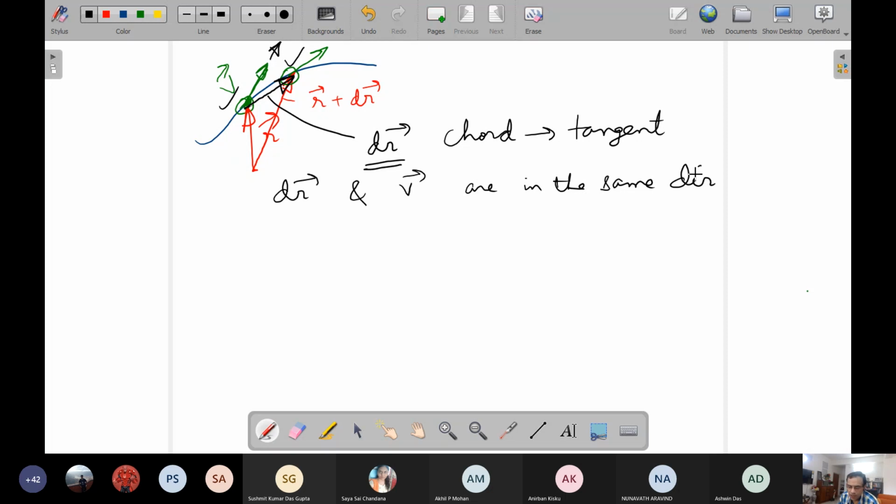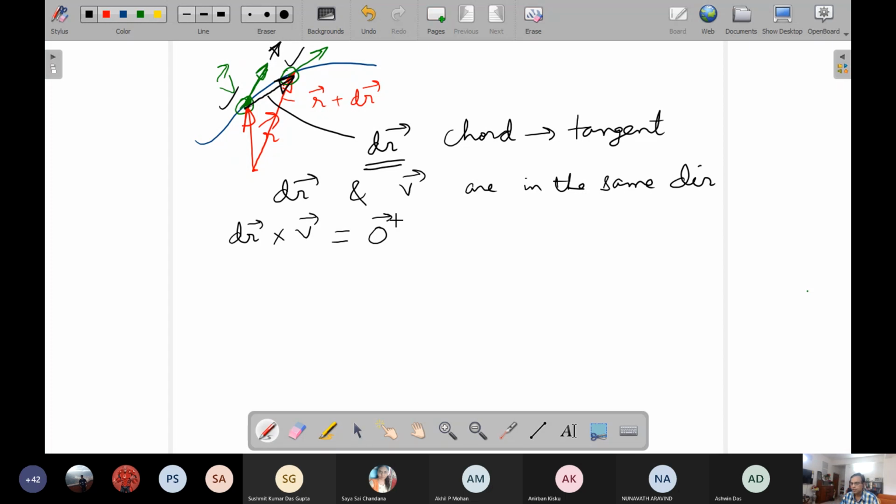If dr and v are in the same direction, then what we must have is dr cross v is a null vector, right?